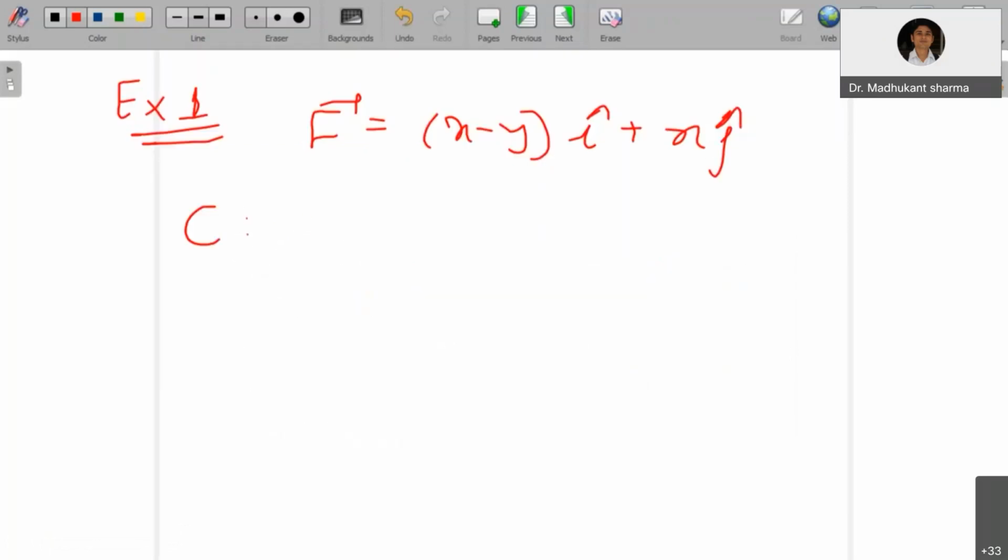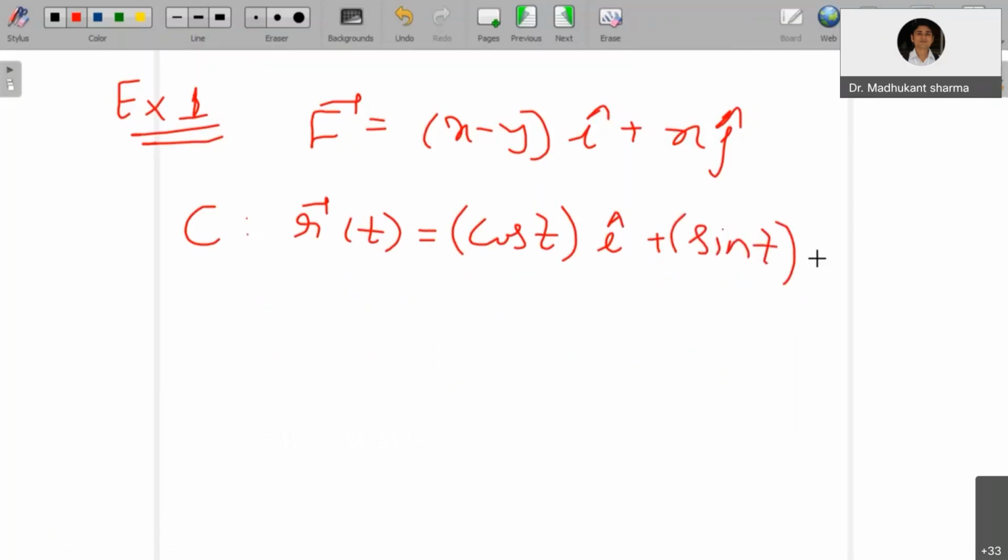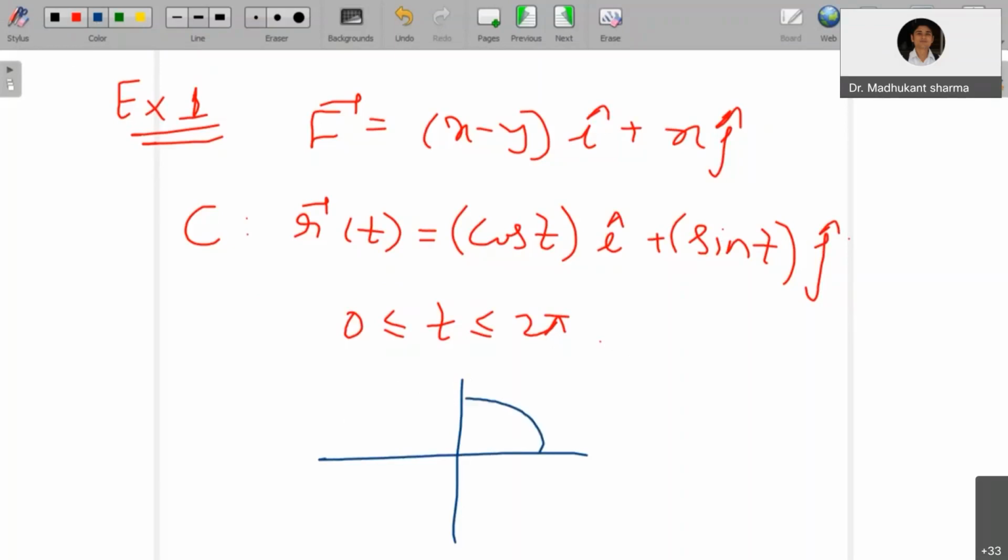I can write the parameterization as cos t i plus sin t j, where t is between 0 and 2 pi. So this is C, positively oriented. The region D is nothing but the open disk centered at the origin with radius 1.